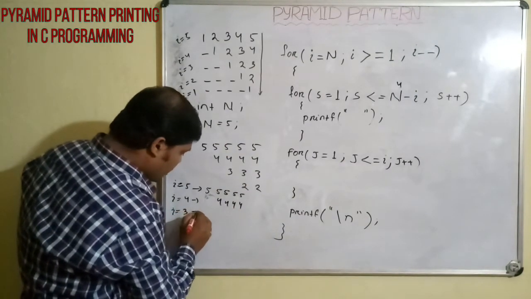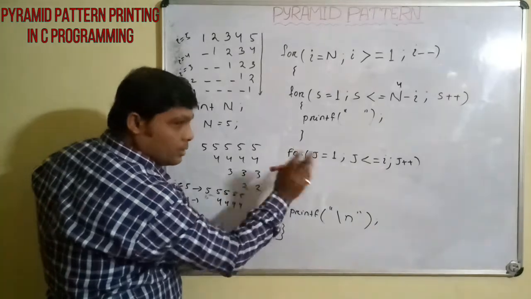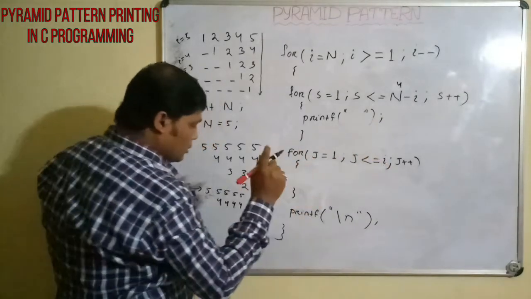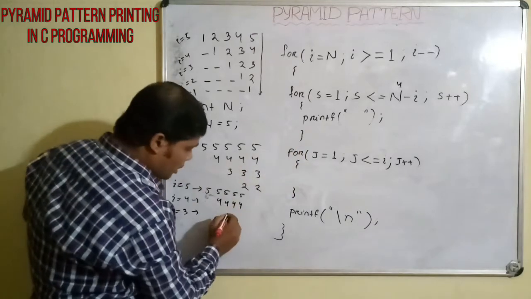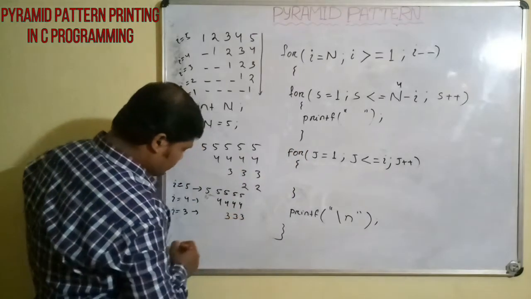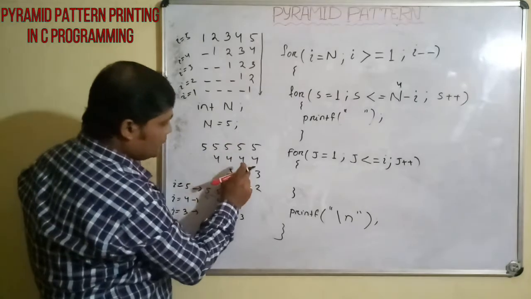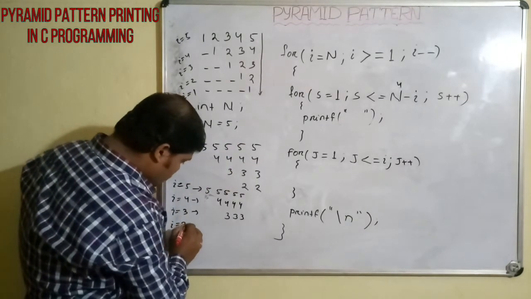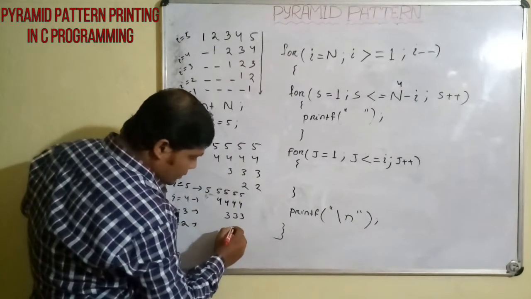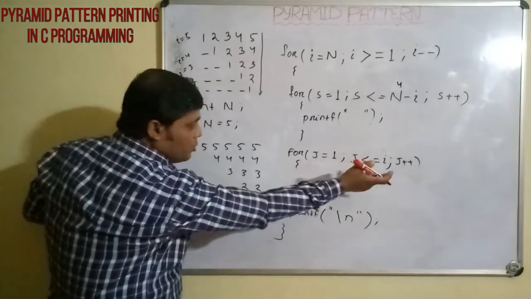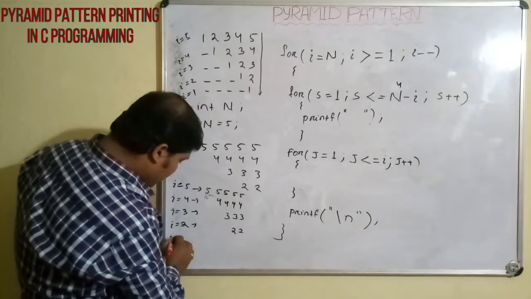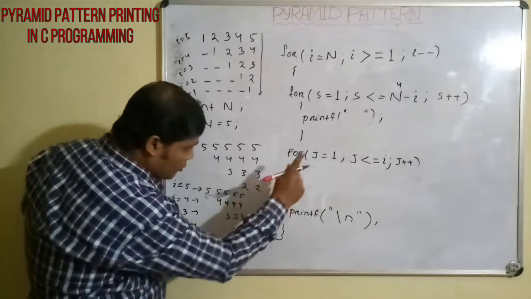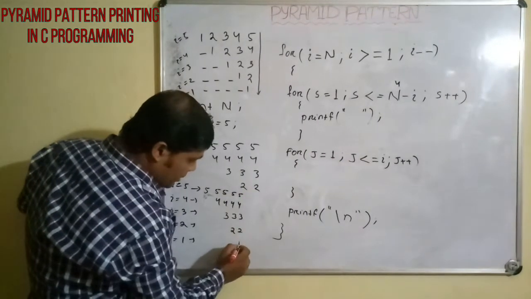When i value is 3, this loop will continue for 3 times. 1, 2, 3. So now it is printing 3, 3, 3. You can see. Clear? When i value is 2, it will continue for 1 and 2. 2 times it will print 2, 2. So when i value is 1, it will continue for 1 time, 1 to 1 and it is printing 1.